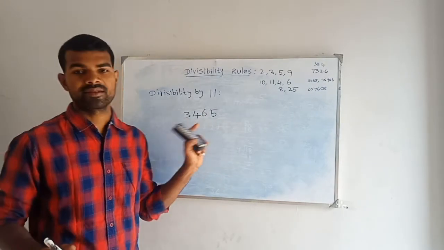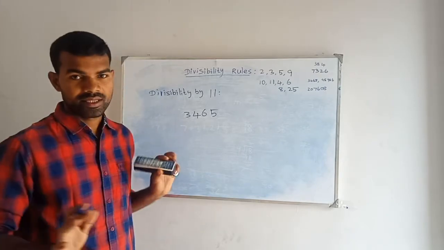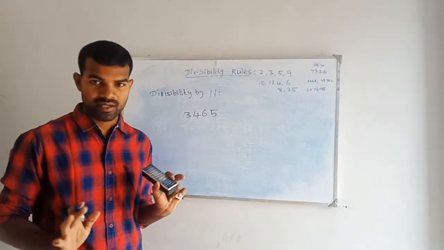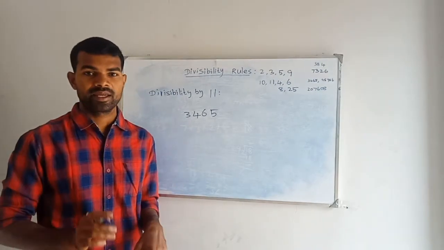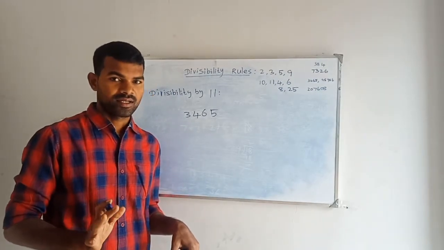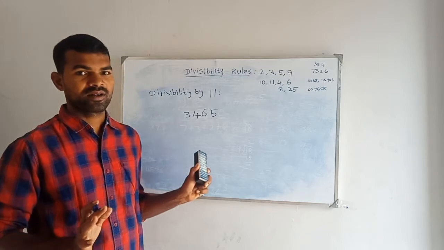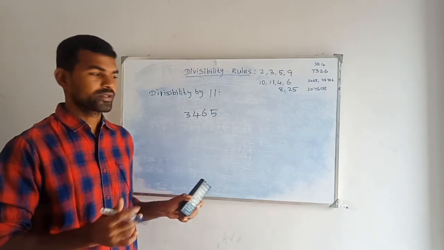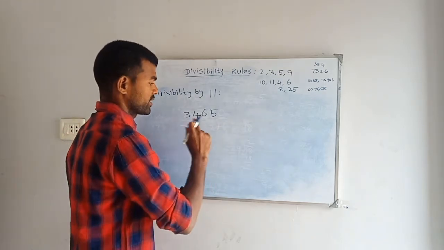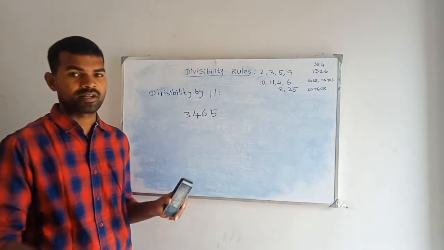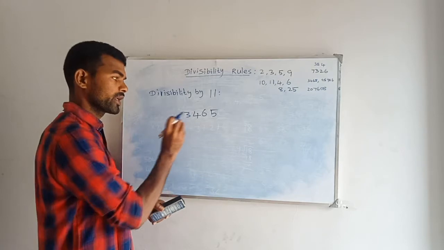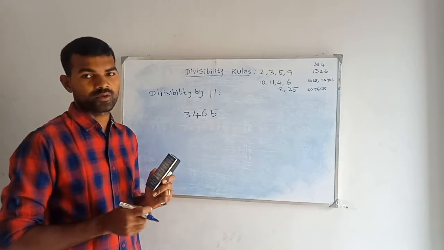The question is, is this number divisible by 11 or not? How will we find out? We should not divide 3465 by 11, but by looking at it you have to tell quickly.